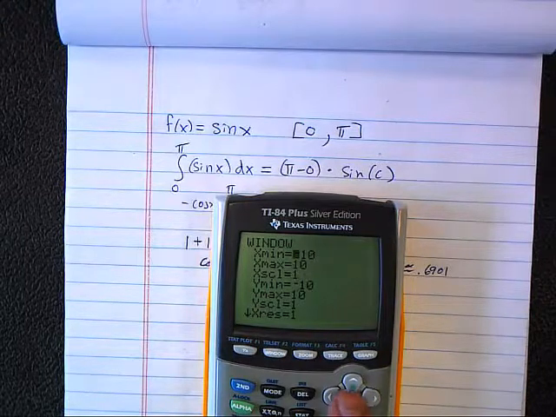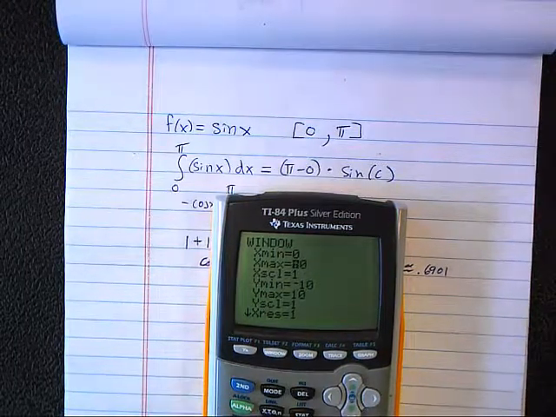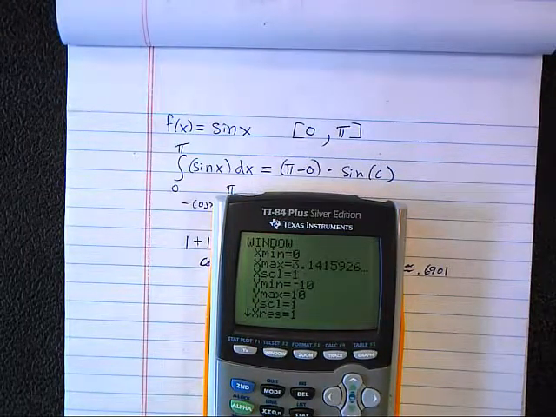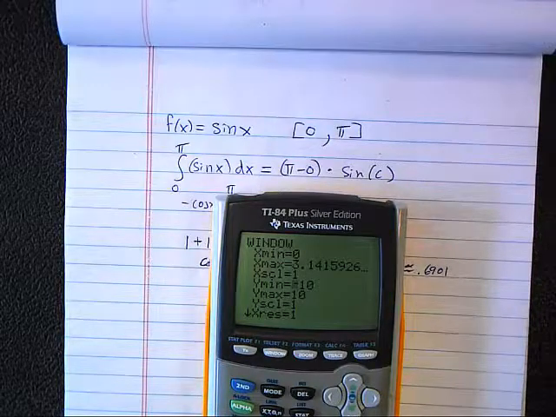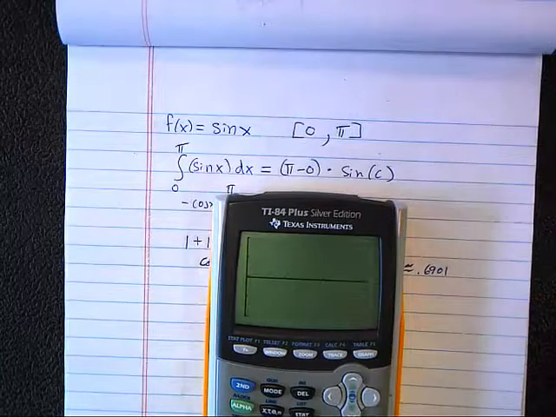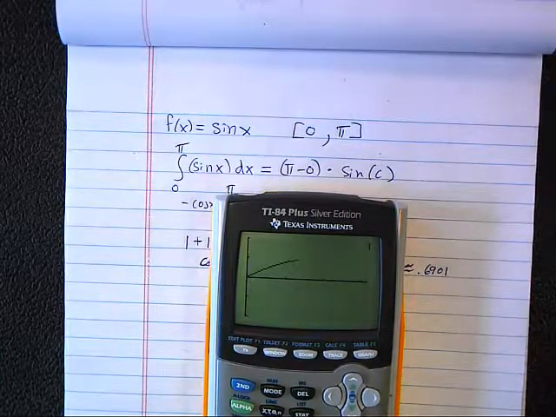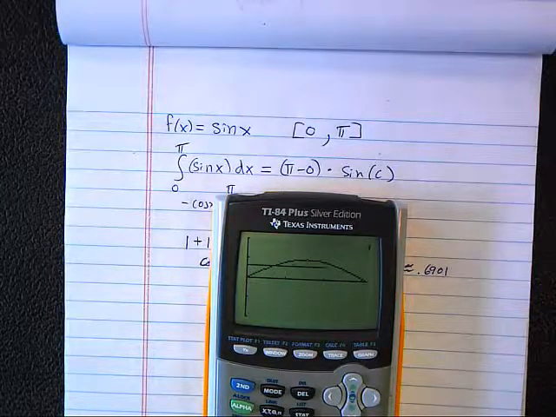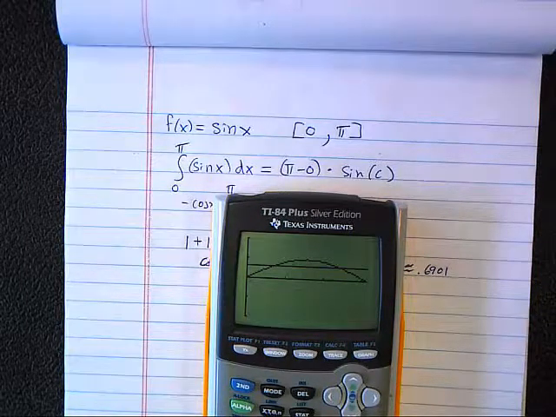Let's see, my window, I want to go from 0 to pi. And make my y's go negative 2 to 2. So there's the graph of sine. And there would be our one rectangle.